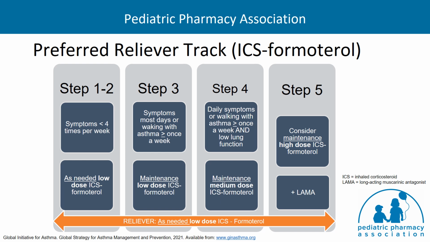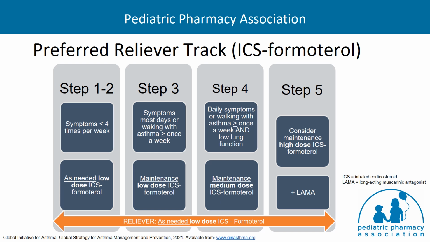First is the preferred reliever track, which utilizes low-dose inhaled corticosteroid, or ICS, formoterol as needed for the patient's reliever option. This is based on evidence for reduction of the risk of severe exacerbations when utilizing ICS formoterol as needed in comparison to a short-acting beta-2 agonist as needed.